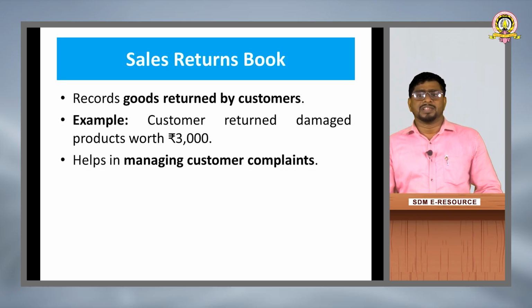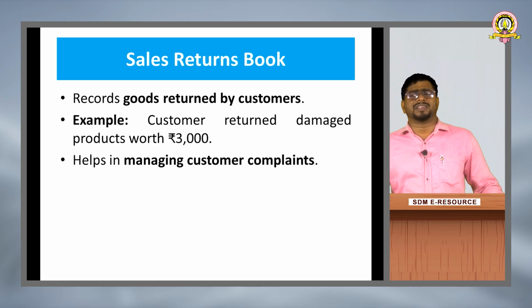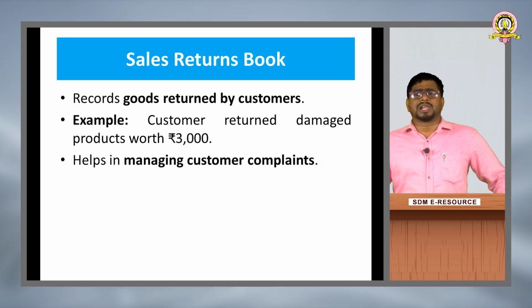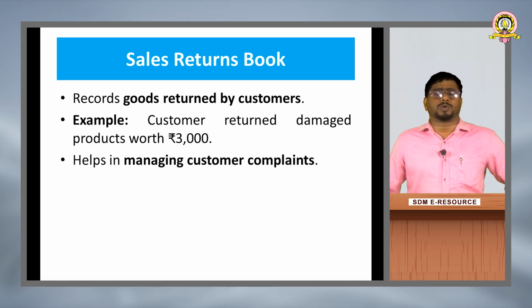Sales return book records the goods returned by the customer. Sometimes when the business sells goods, the customer will return them for various reasons. Example: customer returned a damaged product worth rupees 3,000. Here it helps in managing customer complaints.